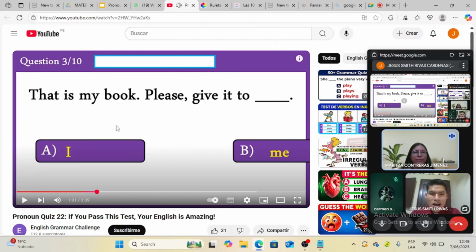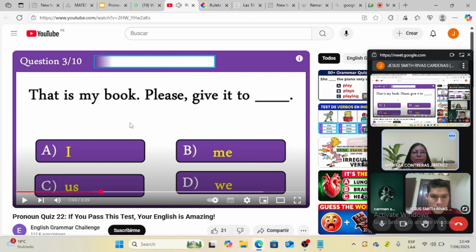Now it's Carmen's turn. Carmen, could you please select the right answer? The correct answer is the letter B. That is my book, please. Okay, very well. That's my book. Please give it to me. So that's your answer.